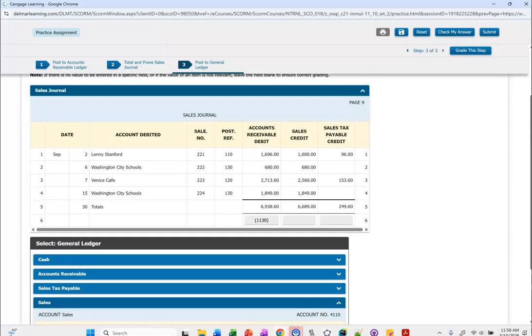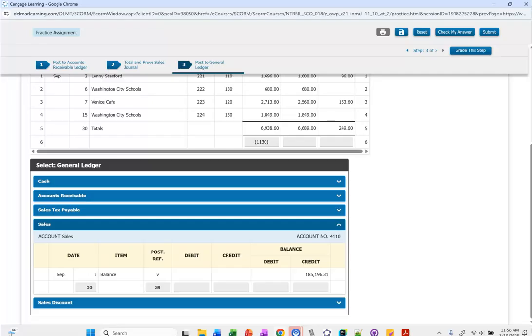The sales credit should get recorded in the credit column, right? So 6,689 was the number there. And I add that 6,689 to this enormously large number.